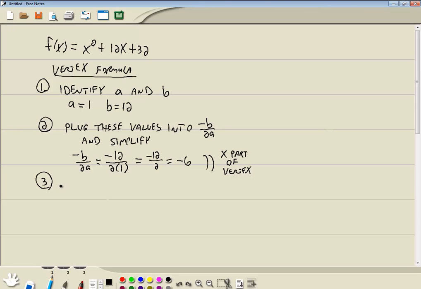Then plug the value from step 2 into the original function and simplify.